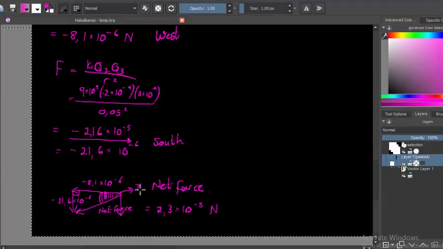So this is 69.44 degrees, and so this is the answer, 69.44 degrees south of, or let's say southwest. South of west. Southwest. Excellent. And that's it. Another question.